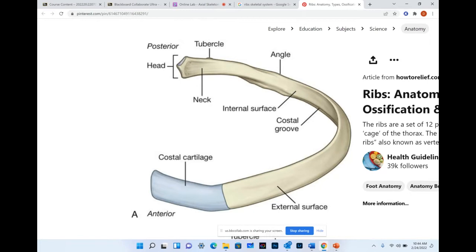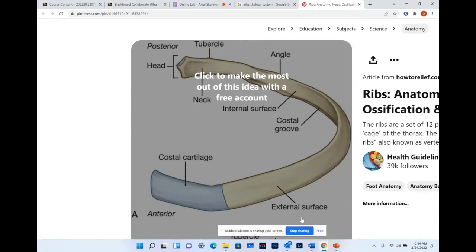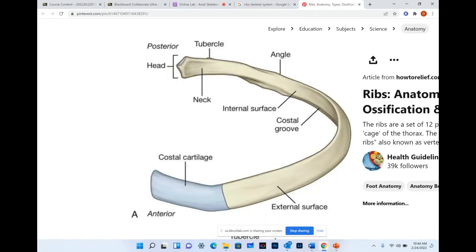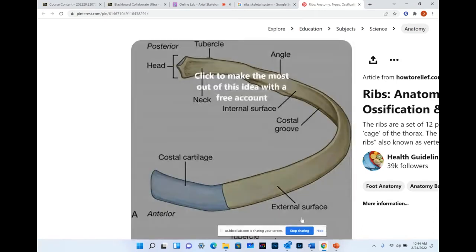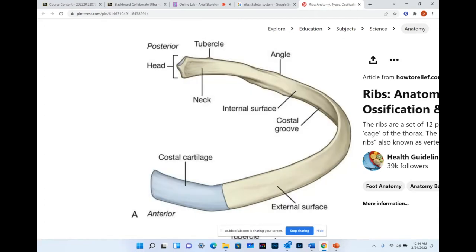Now, the rib that I'm showing you right here, the sternal end is in front, vertebral end is at the back, inferior margin is the sharp one, superior is the rounded one. It is aligned properly.